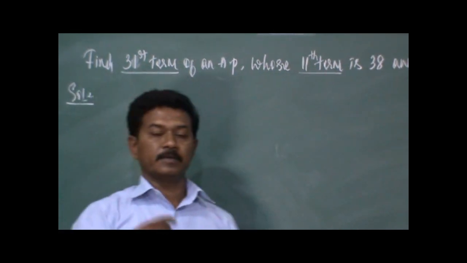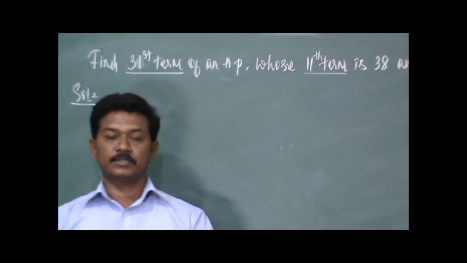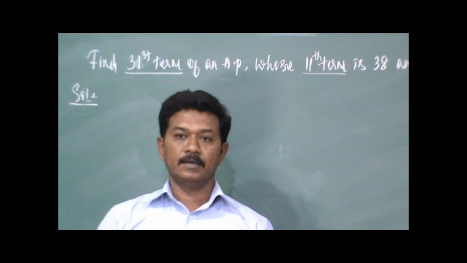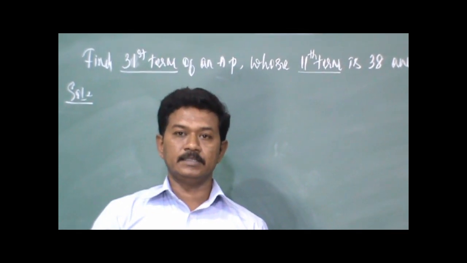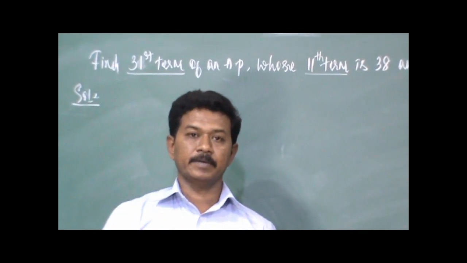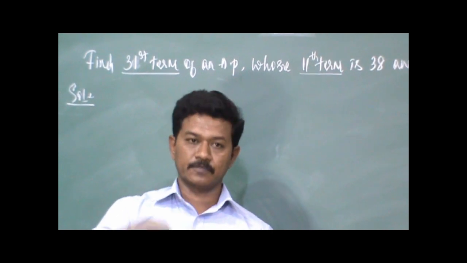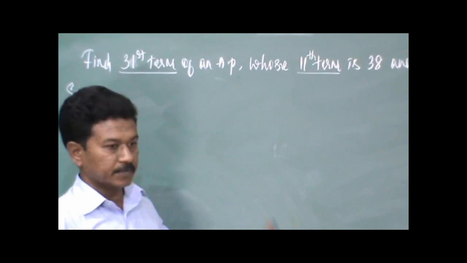So earlier, in the previous problems, in yesterday's session 7, we had derived a formula on this: D is equal to (AP minus AQ) by (P minus Q). So using that formula, I hope you can do this very easily.